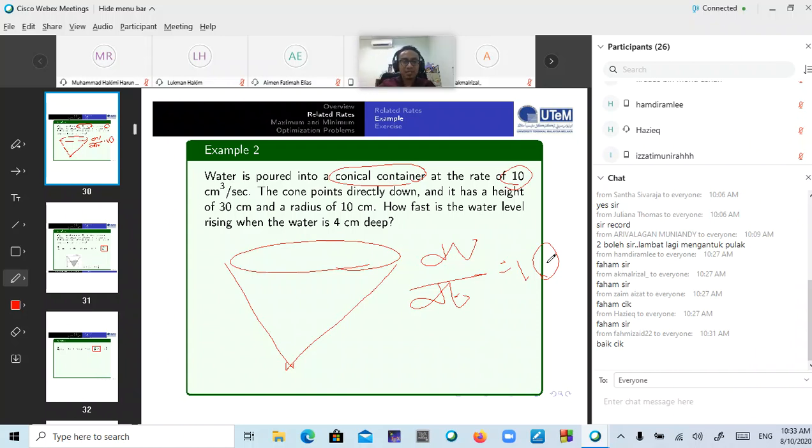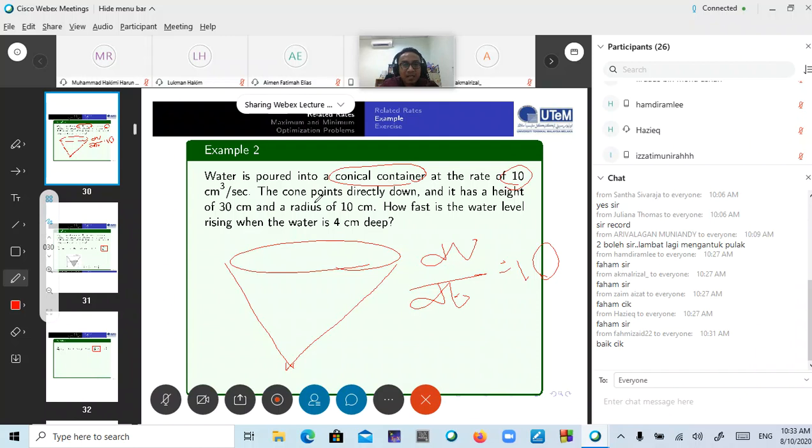Boleh? Okay. Next. The cone points directly down. So, maksudnya dia bawah macam ni. It has a height of 30 cm and radius of 10 cm. Height cone ni 30 cm and radius dia adalah 10 cm.